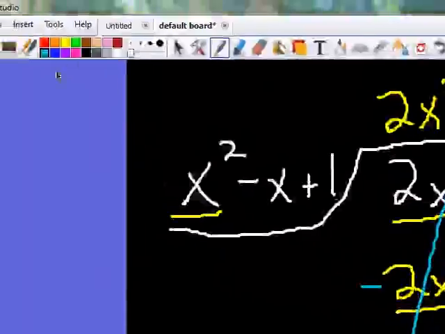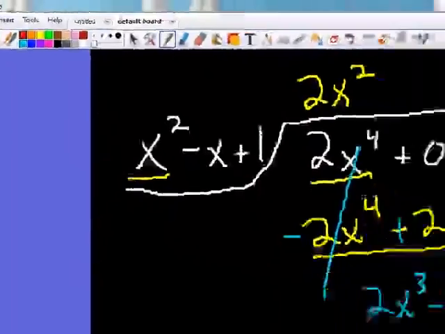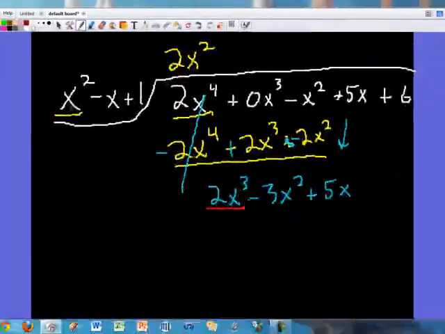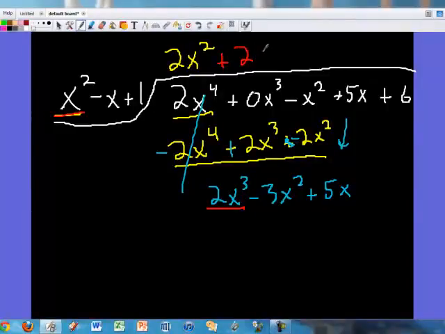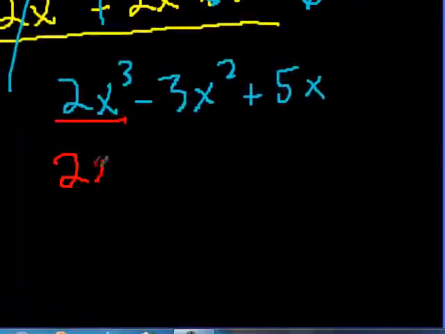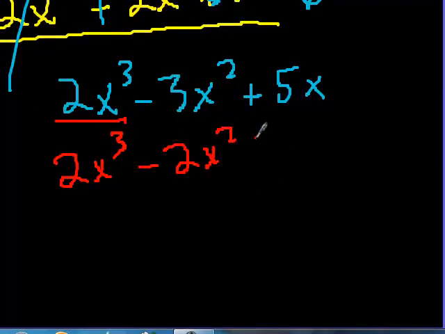Now divide again, and we're going to again use just our first terms. So 2x cubed divided by x squared. That is plus 2x. Multiply. 2x cubed. Multiply again, minus 2x squared. Multiply again, plus 2x.